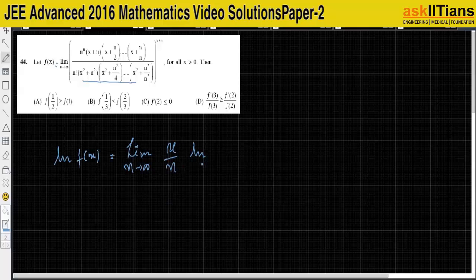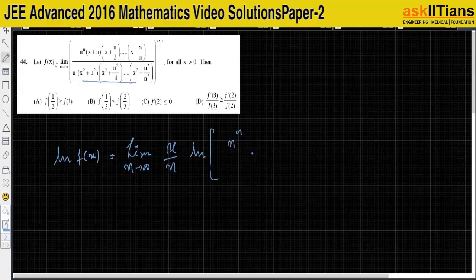So ln of this quantity will be how much? Ln of this thing, and this thing is nothing but n power n x plus. So what I can do is I can just take n common from all this. If I take n common from all this, what will I get?